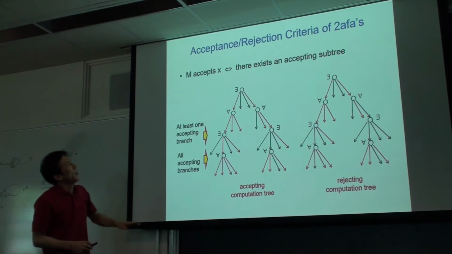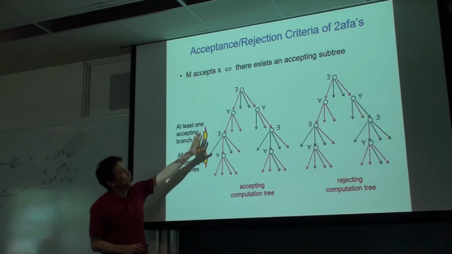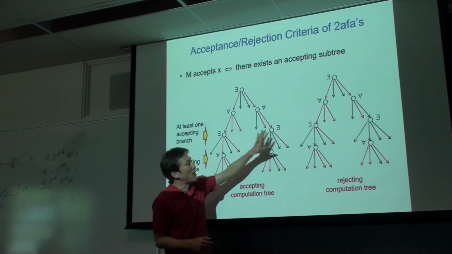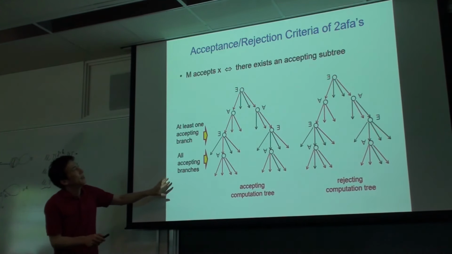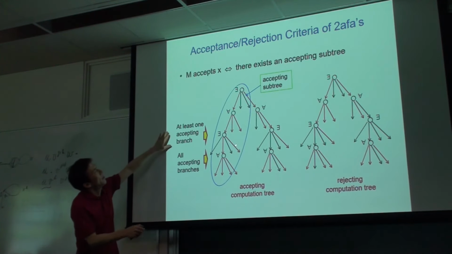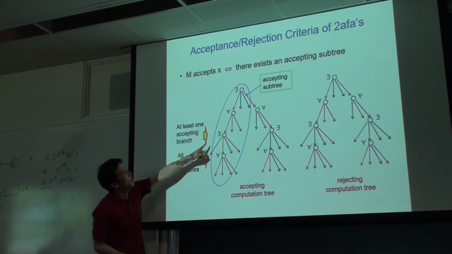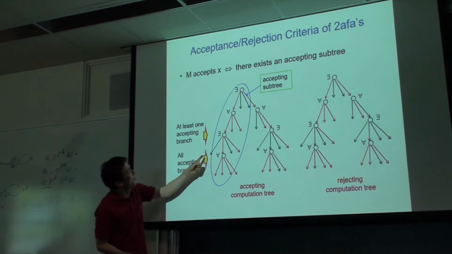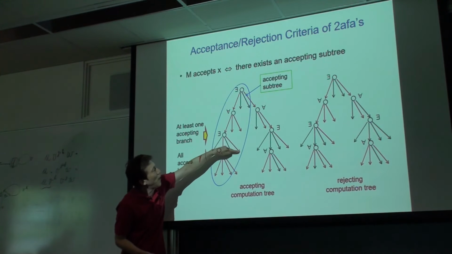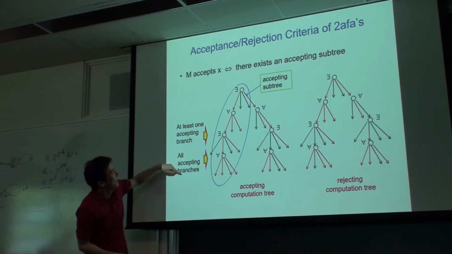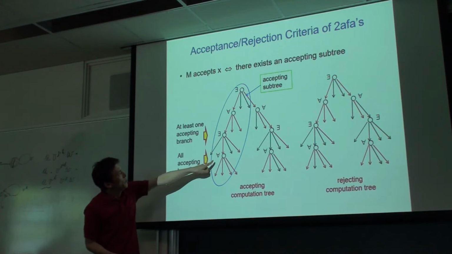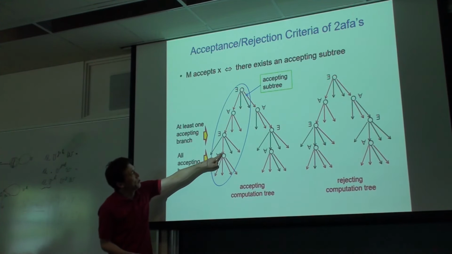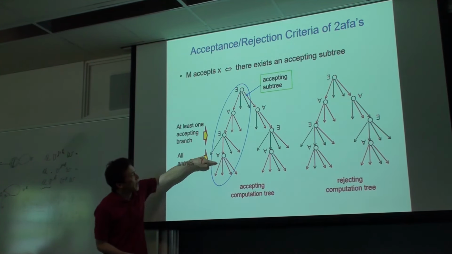Okay, so when the machine actually produces this computation tree, here, this is the accepting subtree. That means whenever you have an existential state, there is at least one accepting branch, and whenever you have a universal state, all branches have to be accepted.